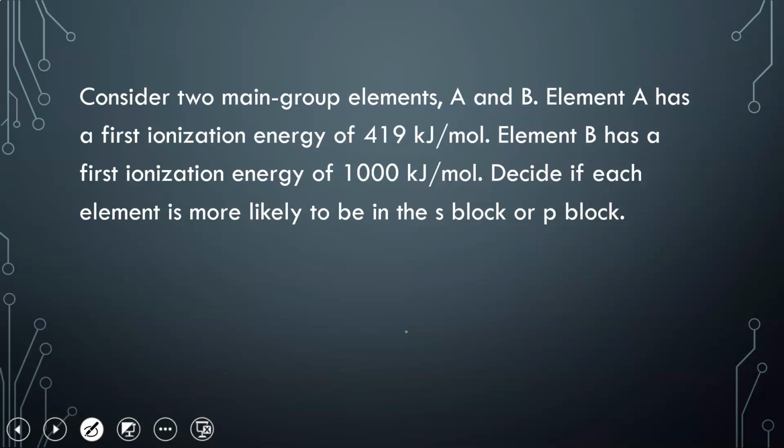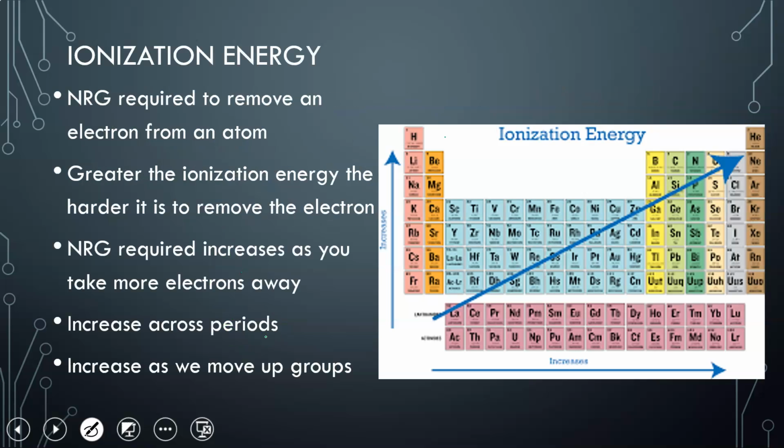So consider two main group elements, A and B. A has a first ionization energy of 419. Element B has a first ionization energy of 1,000 kilojoules. Decide whether each element is more likely to be in the S or P block. So remember the S is over here, and then the P is over here.